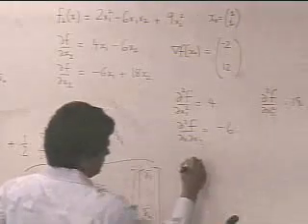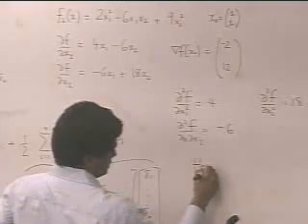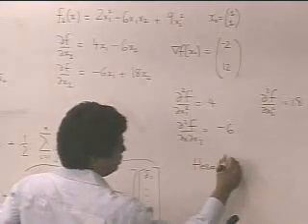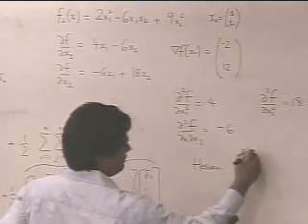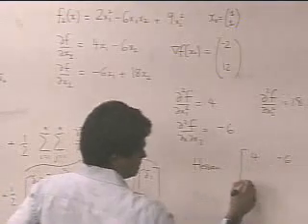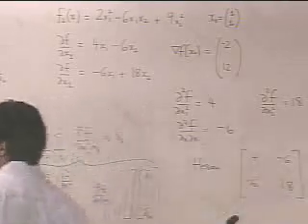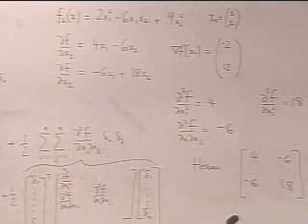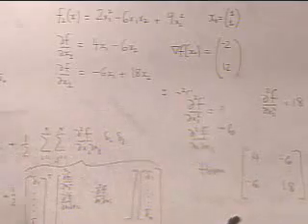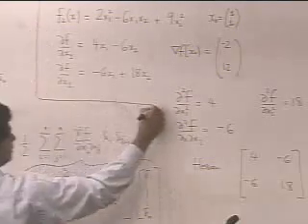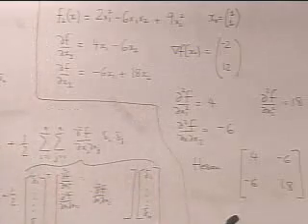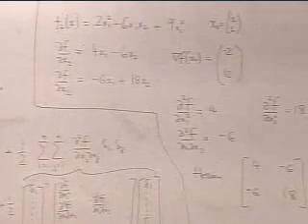So the Hessian matrix in this case does not depend on the point, and it's given by 4, minus 6, and 18. So that's the numerical calculation that you'll have to end up doing for a second order Taylor series expansion.